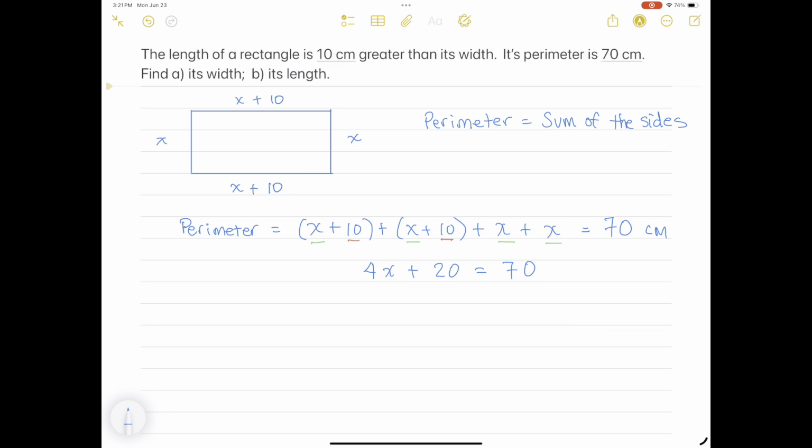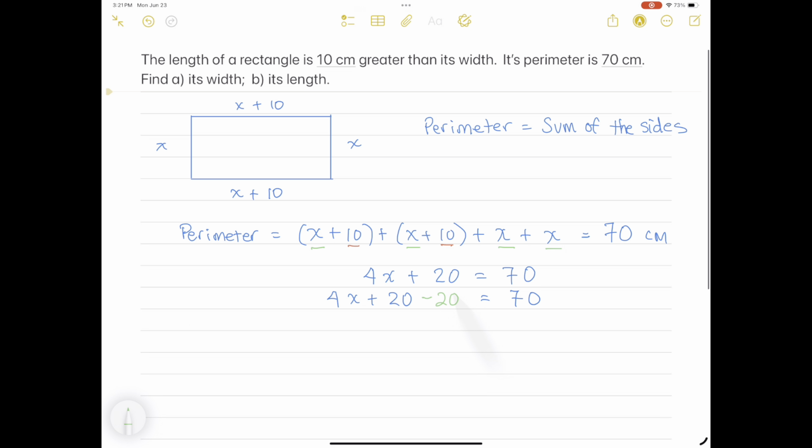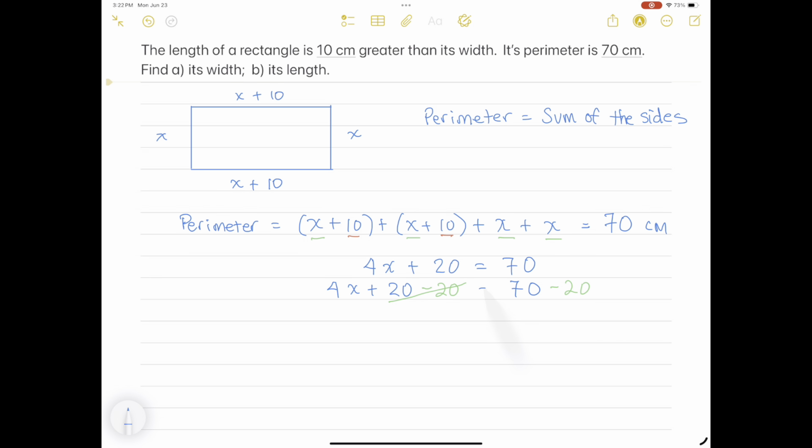Next, I subtract 20 from both sides of the equation. So I rewrite the equation on the next line as 4x plus 20 minus 20 equals 70 minus 20. On the left-hand side of the equation, 20 minus 20 equals 0, leaving 4x by itself. And on the right-hand side, 70 minus 20 equals 50.